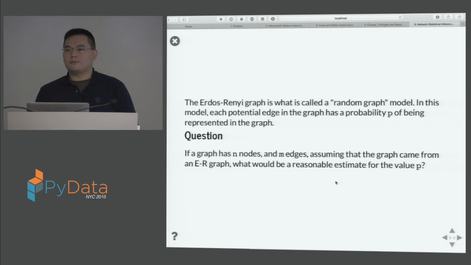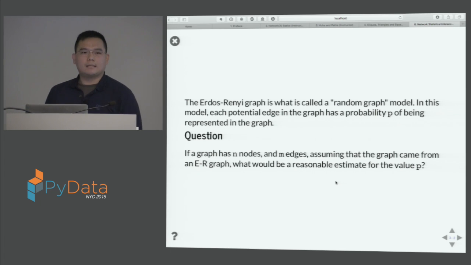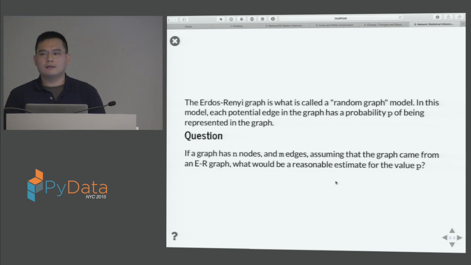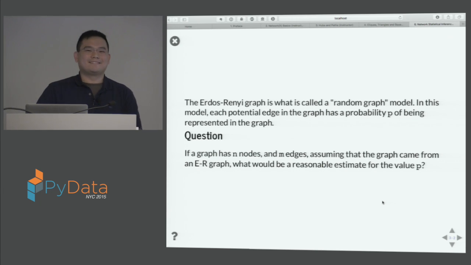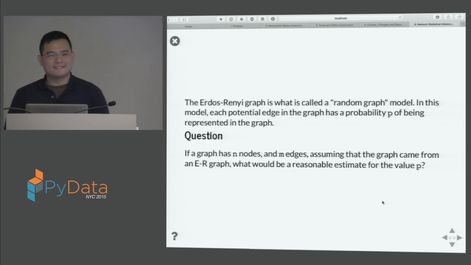What's the value of p? And just to spoil the beans, right at the beginning of the instructor version of the notebook, I'm giving the wrong answer. And it's on purpose.